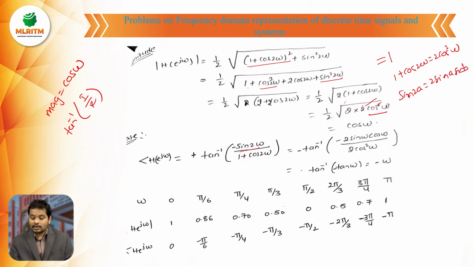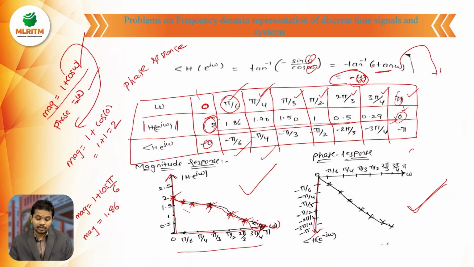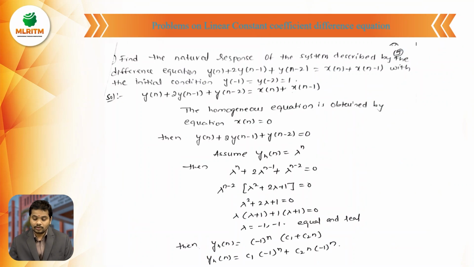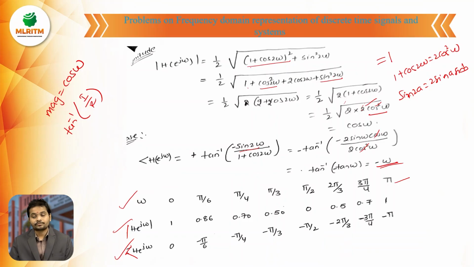By substituting that, one cos omega is cancelled, then sin by cos gives tan. So the phase response, similar to the previous problem, is minus omega here also. Similar to that, we have to substitute different values of omega, find the magnitude response and angle of the system, and plot them.